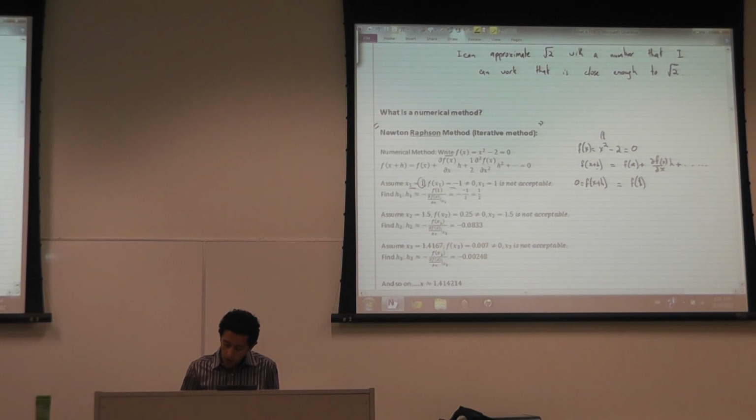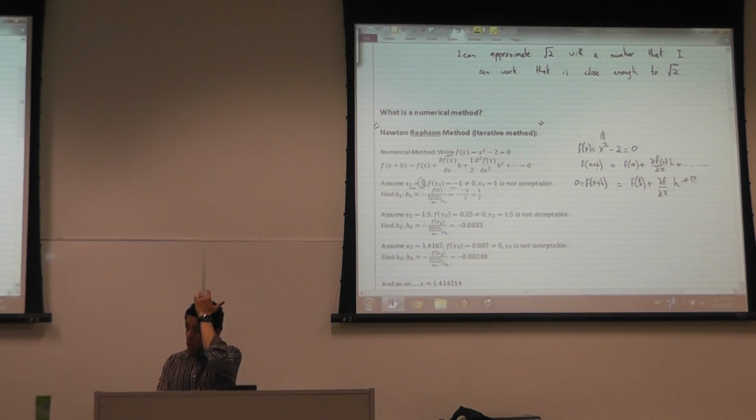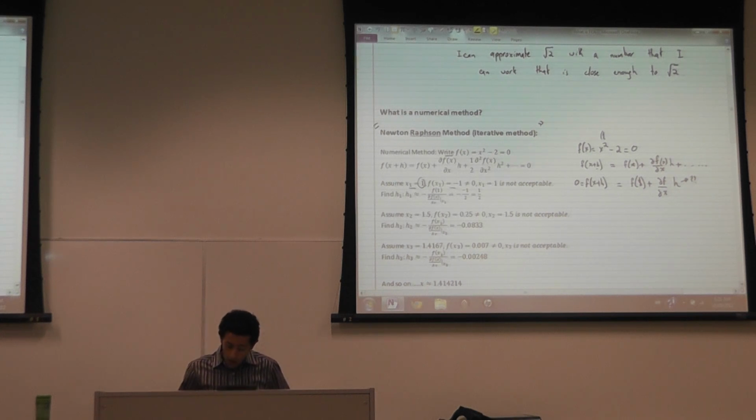That is f of 1 plus partial f partial x multiplied by h equal to 0, and you get that h will be equal to half.